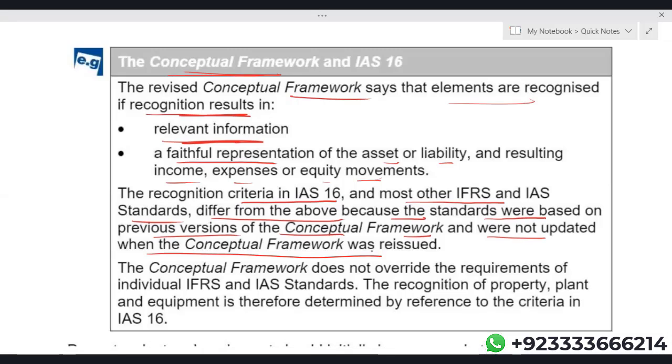If there is a difference between the conceptual framework and IAS, we always follow IAS, we don't go for the conceptual framework. The conceptual framework does not override the requirements of individual IFRS and IAS standards. The recognition of property, plant and equipment is therefore determined by reference to the criterion in IAS 16.